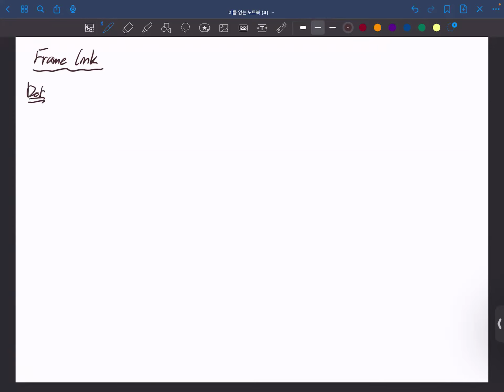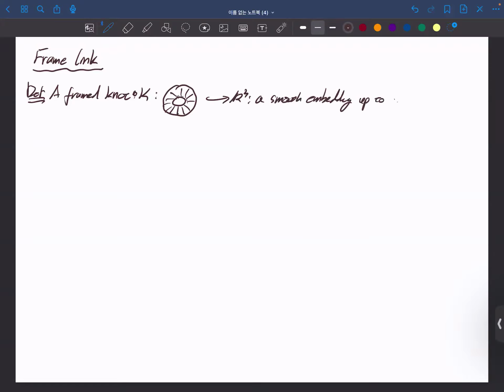There are several ways to define framed links, but one way is this. A framed knot is a map from an annulus to R3, which is a smooth embedding up to ambient isotopy.